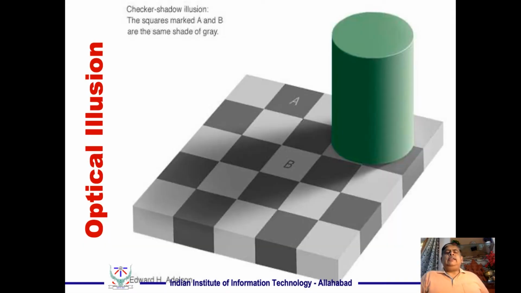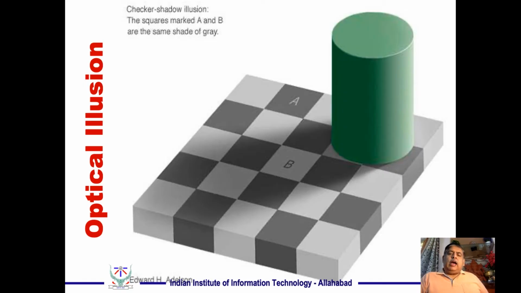Here is an object placed on a checkered board or a chessboard. Now there is an optical illusion that may take place. The intrinsic property of the chessboard is that it has got white and black squares.